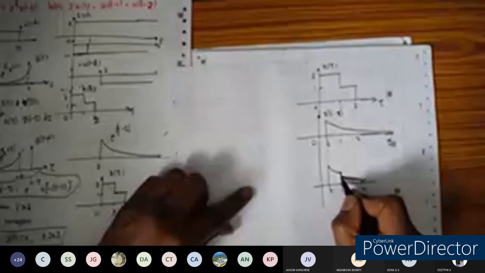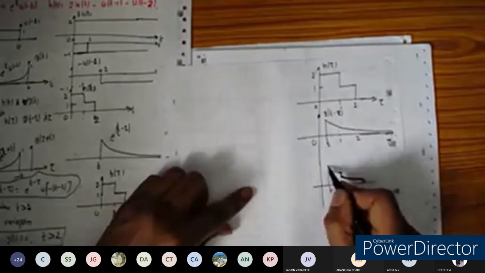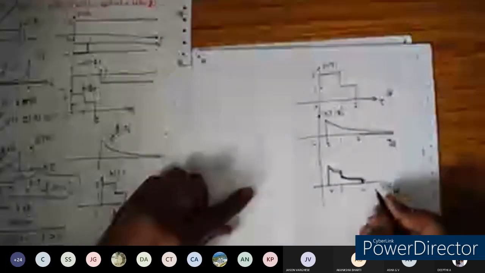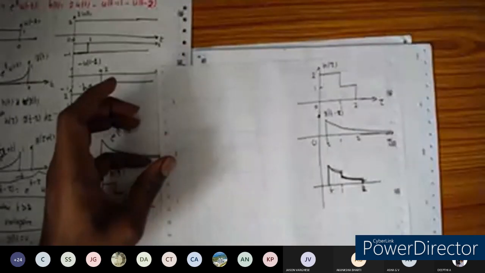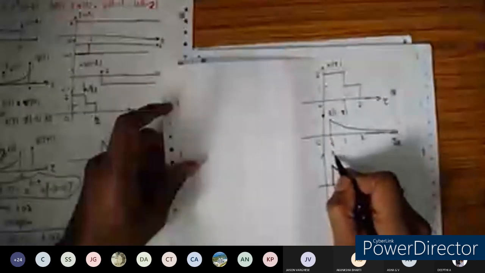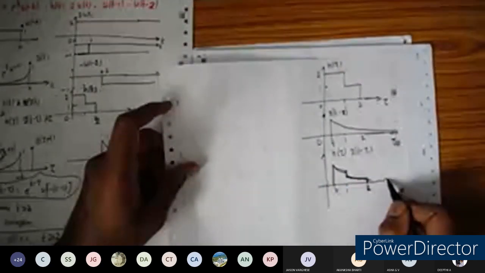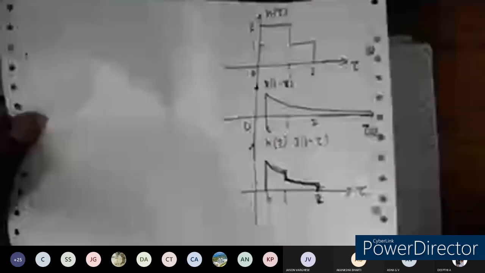Some step down will be there like this. Here to here it's one step, again here to here another step. So we need to split the integral into two parts. This is the product of h of tau into h of t minus tau. This is the tau axis, you can see.